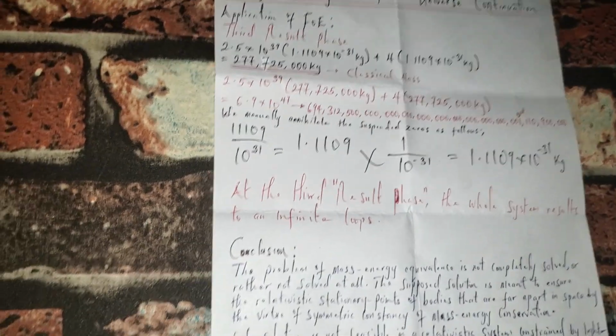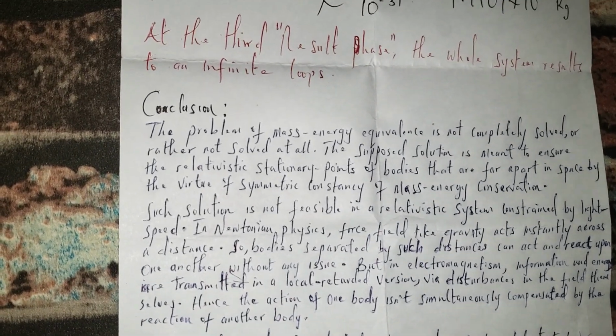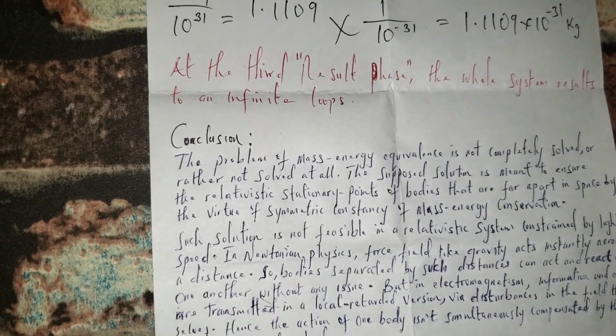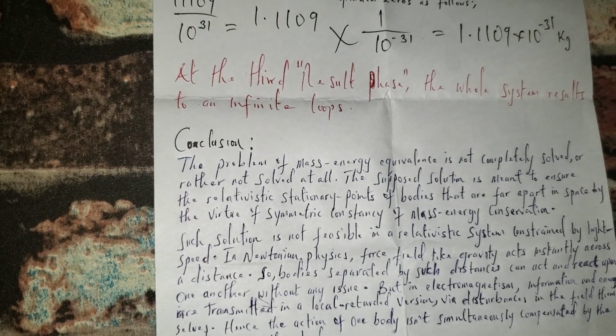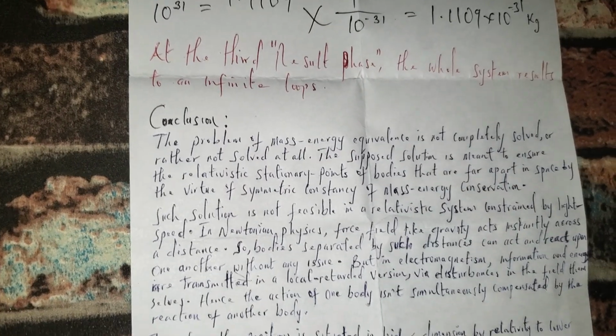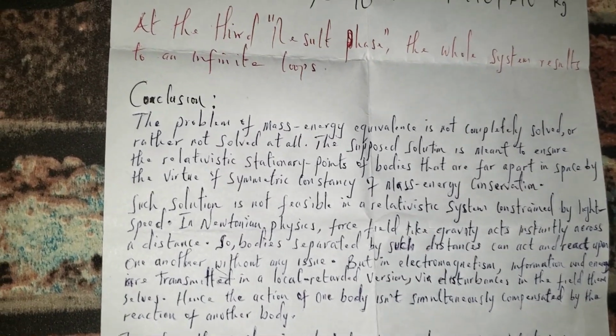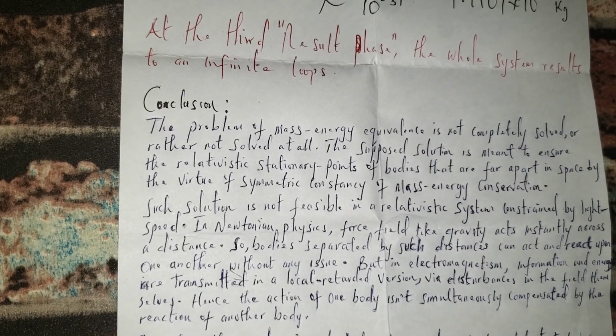So now, what is the conclusion? The conclusion is, but before we get to the real complex system, what real complex system is, there is this particular problem that mass energy equivalence could not solve. And that is what we have been able to solve with this formula of everything.